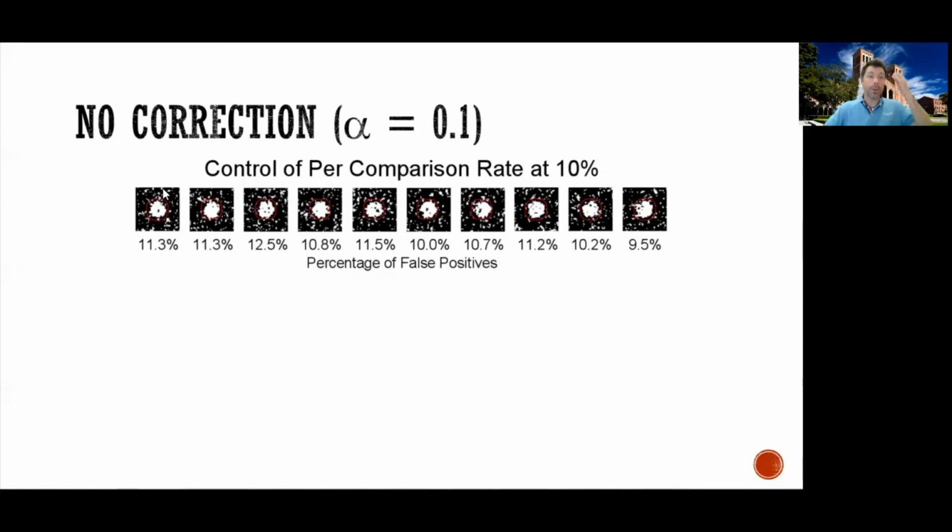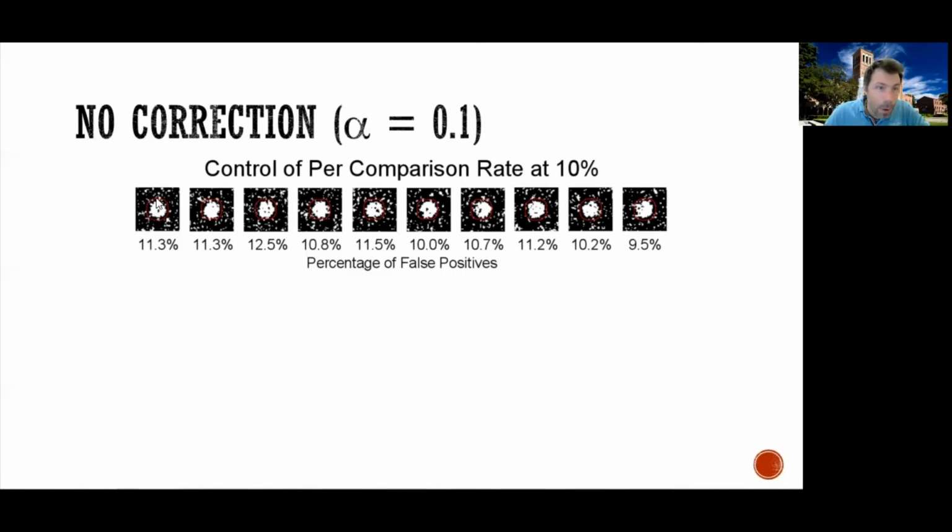Instead, as you see, that's not what happens here when we use no control for multiple comparisons. In this first experiment, if we use 0.1 as a threshold, we see that we get 11% of false positives out here.